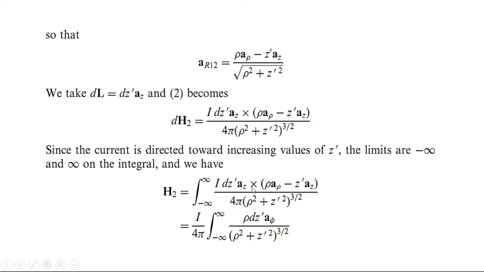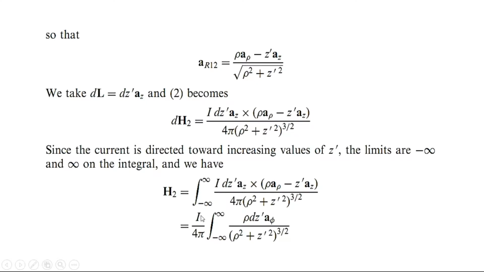Now if we look at this equation, a_z cross rho arrow results in a_phi. If we take the cross product of a_z and rho arrow, it will give us I dz' rho a_phi. Similarly, I divided by 4 pi is constant, so we will take it out.